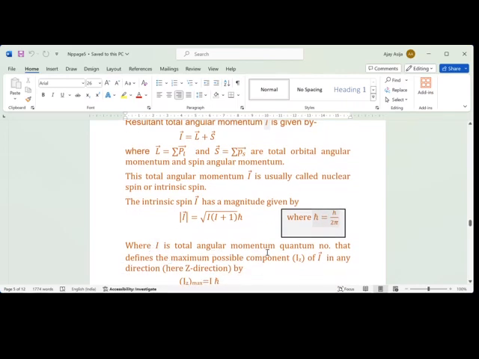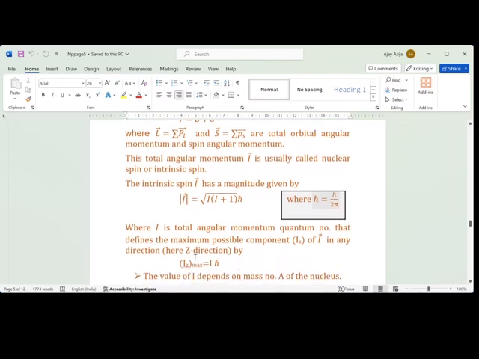I is the total angular momentum quantum number, and that defines the maximum possible component of I in any direction. Conventionally, we take the z direction. So Iz max is equal to I into h cut. I is the total angular momentum quantum number. So we can find the total angular momentum quantum number from this equation.